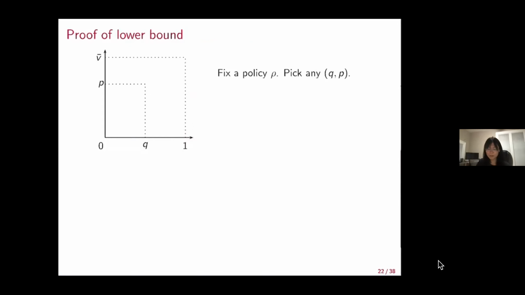Okay, now let's look at the proof idea of this theorem. Please give me an arbitrary policy rho, and we can pick any Q and P, right? So this is a Q and P I picked. And then let's look at this demand function, which is likely to induce underproduction. Under this demand function, the first Q consumers have the highest valuation.